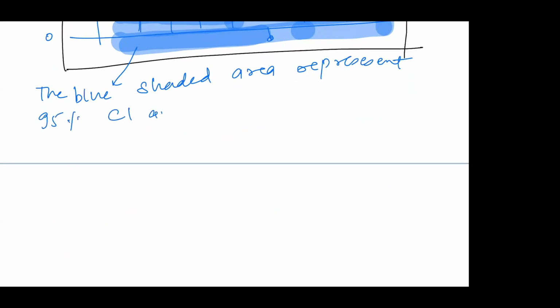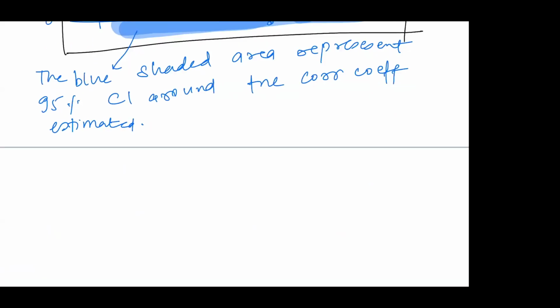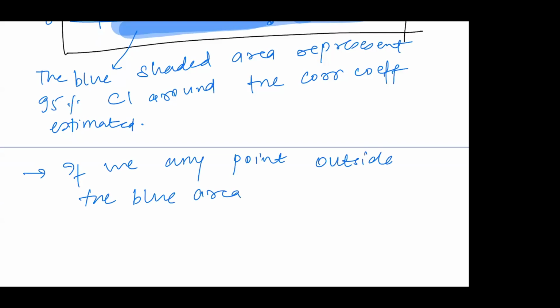This blue shaded area represents the 95% confidence interval around the correlation coefficient estimate. So what does this mean? Basically, if we have any point outside this blue area, then that many lags we have to consider.